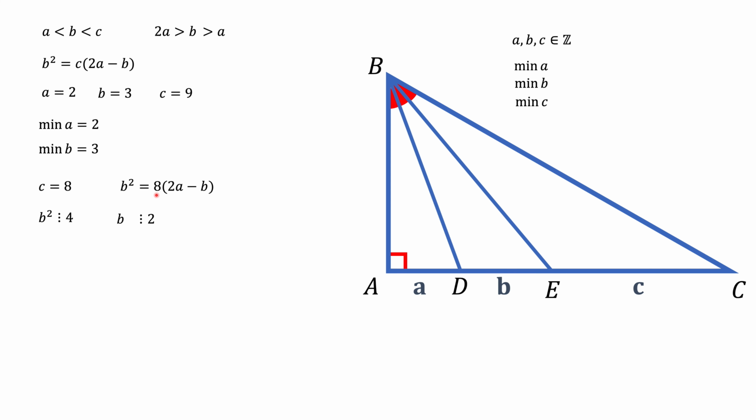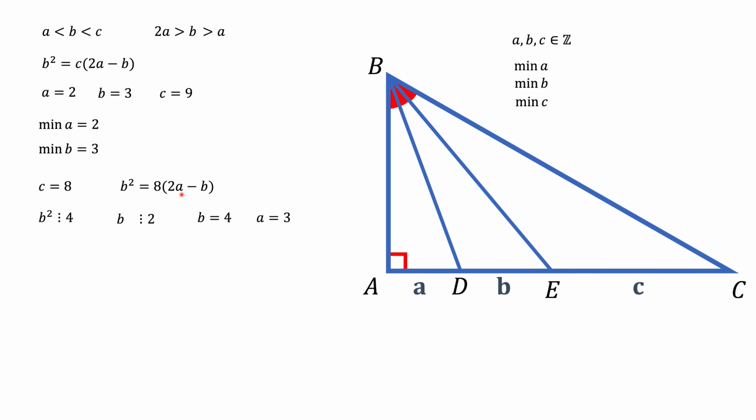Now notice that the minimum value of b is 3, and b has to be less than c, which is 8. So the only value of b that is divisible by 2 and satisfies those two conditions is b equals 4. Now, if you plug c equals 8, b equals 4 right here, we can easily find that a has to be 3.